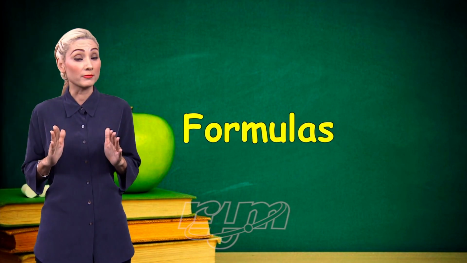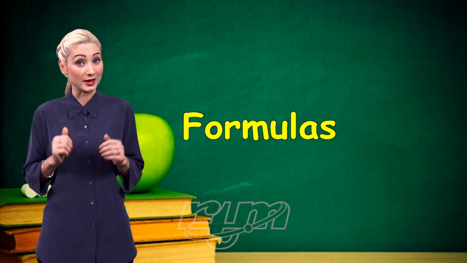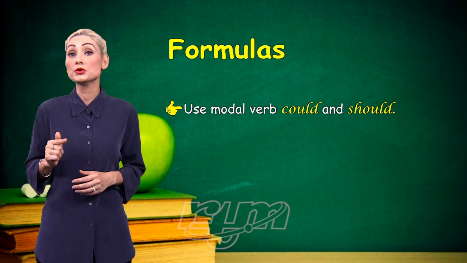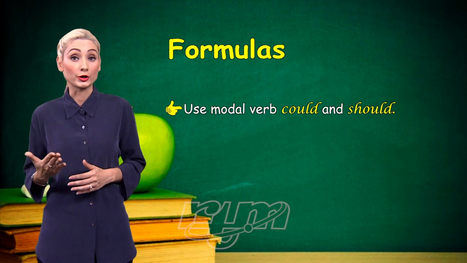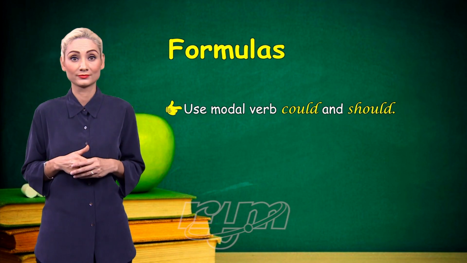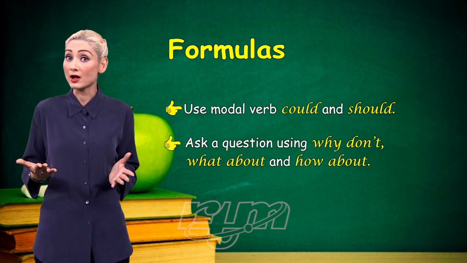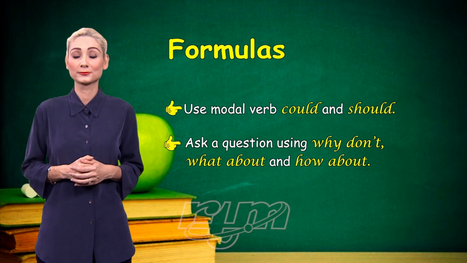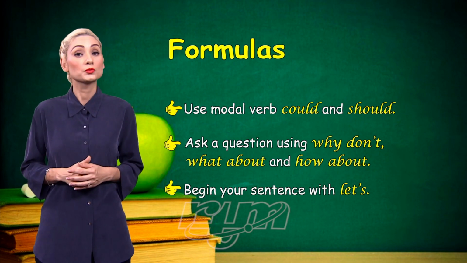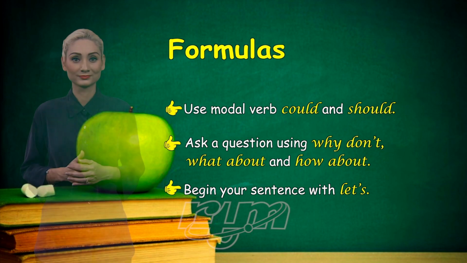There are certain formulas that we should follow when we make suggestions. Use a modal verb, could and should. Asking a question using why don't, what about, and how about. Beginning your sentence with let's.